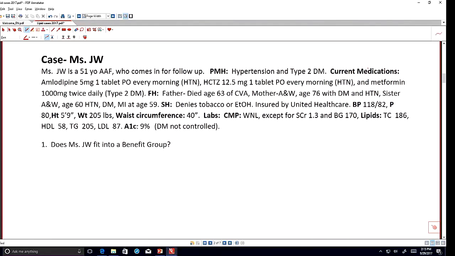So what did you all pick? Atorvastatin 10, perfectly acceptable. You could have done pravastatin 80, also perfectly acceptable. How about simvastatin 20? Just fine. Any moderate intensity statin is fine. Y'all see how that works?